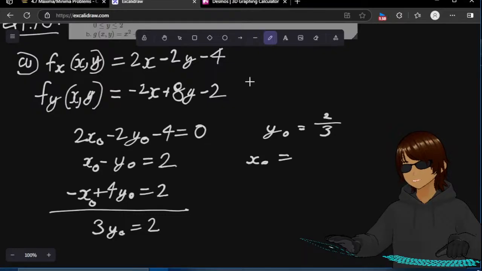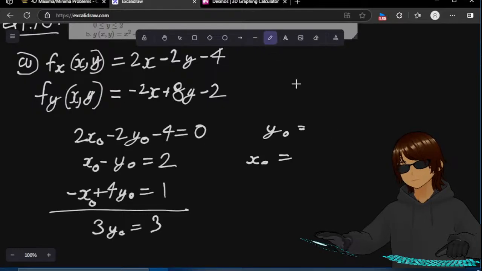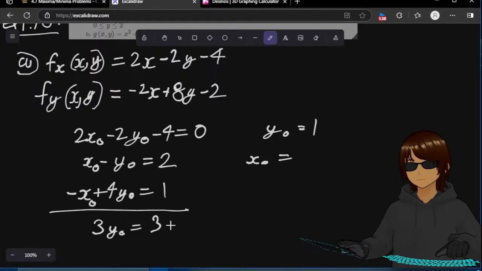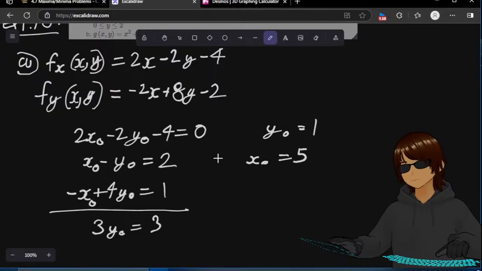Minus 2, 8 minus 2, 1, 4, 1. Minus 1 plus 4 and then plus 1. Sorry, minus 1. This goes this side. Then we add them. We get 3y, x naught, 5, 5 minus 3, 2.